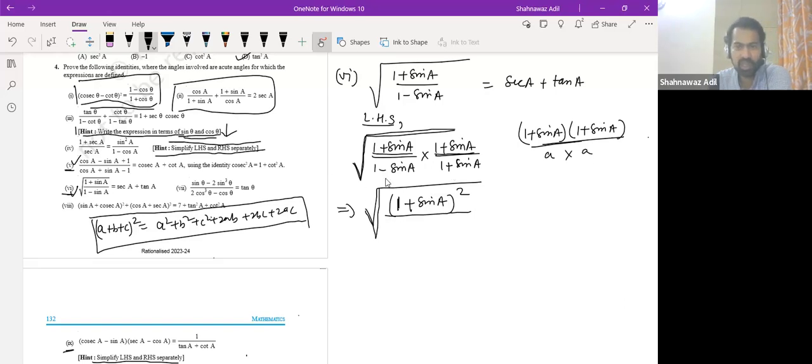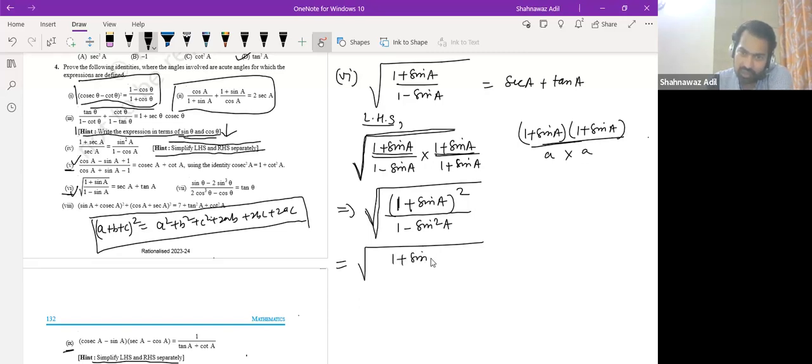And in the denominator, what do I have? 1 minus sine square A. Good. The numerator is a proper whole square, so we should not touch it. Let us keep this term.